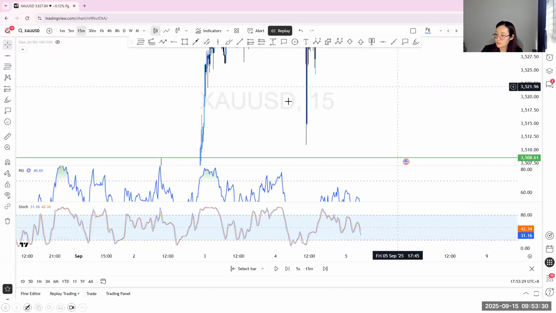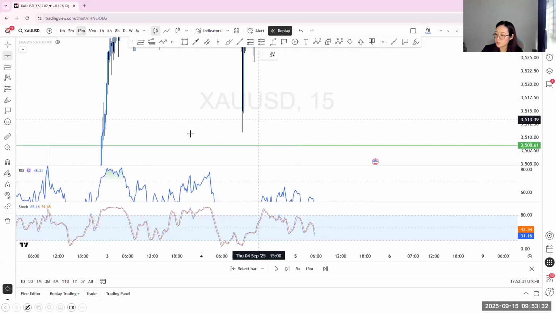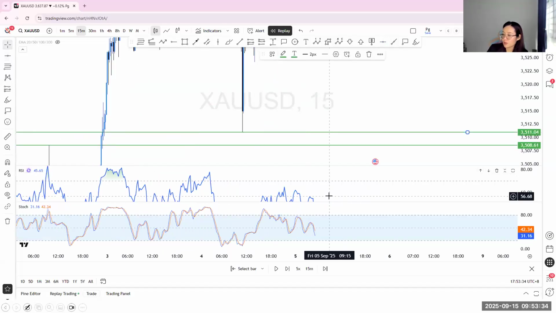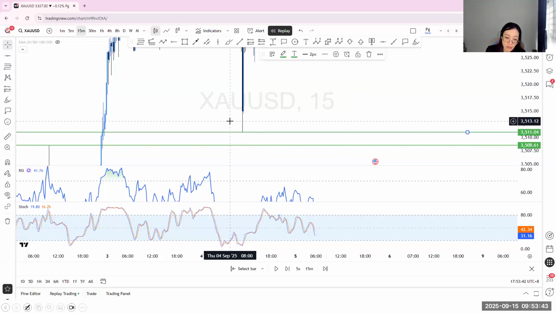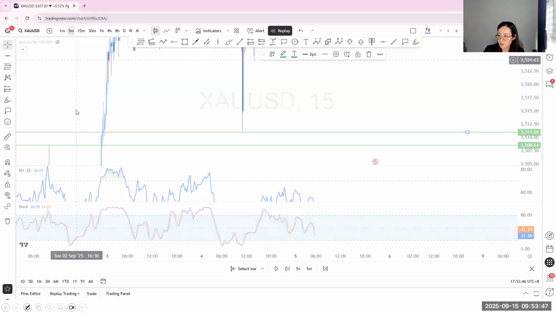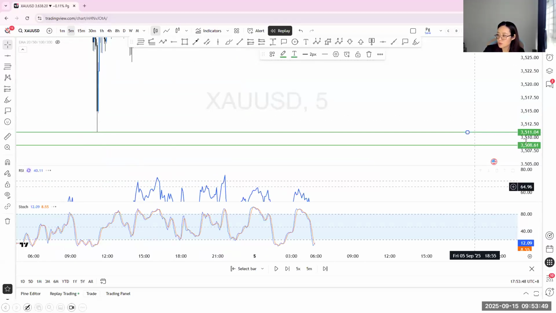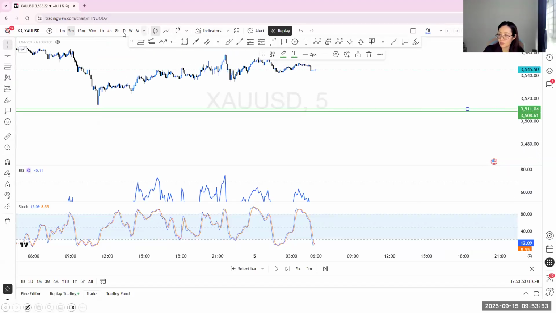They might buy here at 3,511. A lot of traders wait and put the pending order at 3,510, but price only went to 3,511. So if you put the pending order exactly at the round number, you're going to miss out. Price did not go to 3,510, only 3,511, and then rose and made an all-time high.